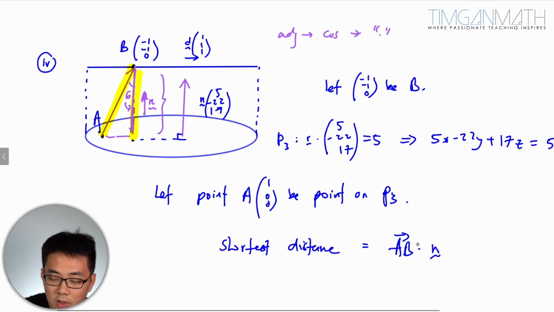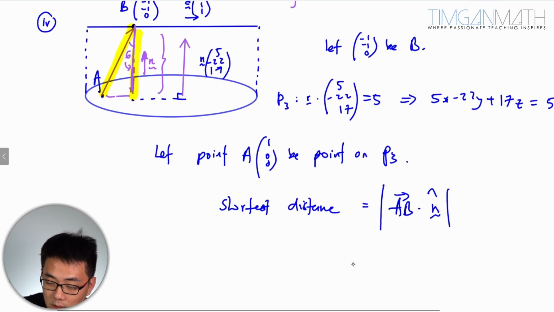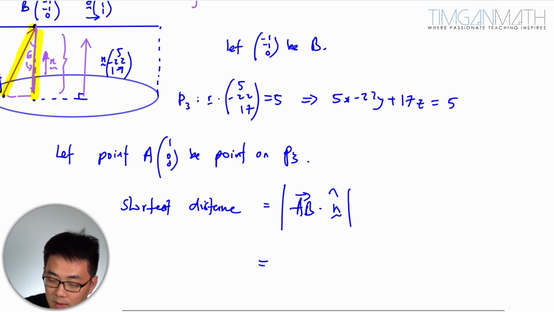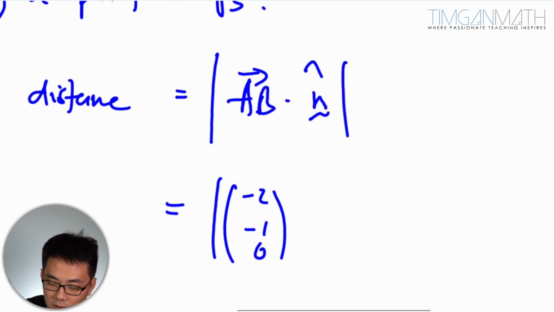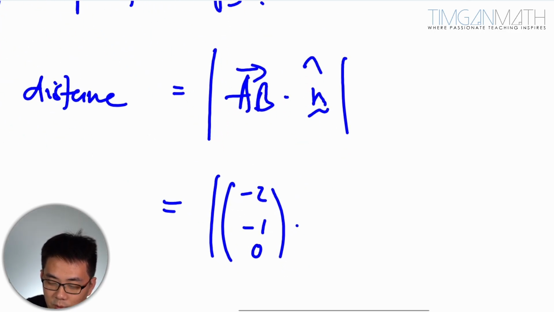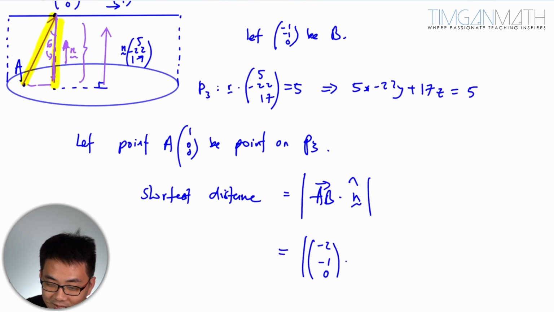So this will be dot unit vector. You do not unit vector the hypotenuse. This is n here. So what you can do is just take b minus a, which is minus 2, minus 1, minus 1, 0. This is a dot product, and I think most of us are comfortable with the dot product.